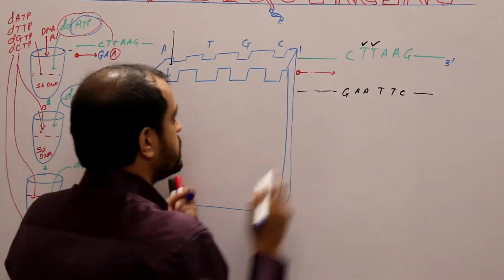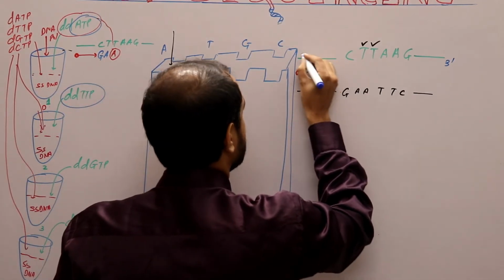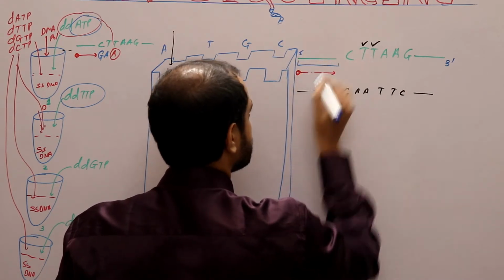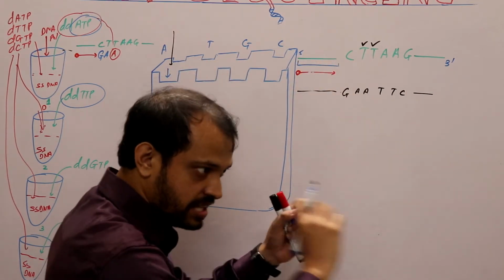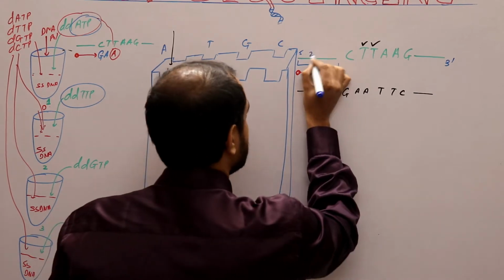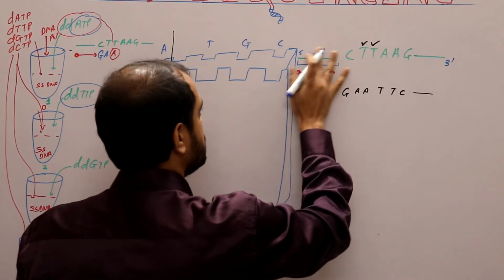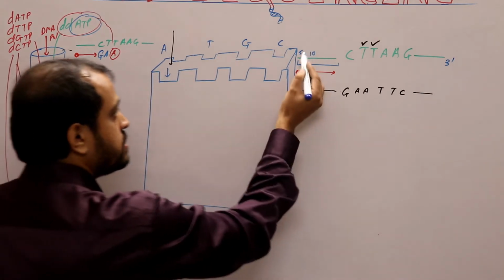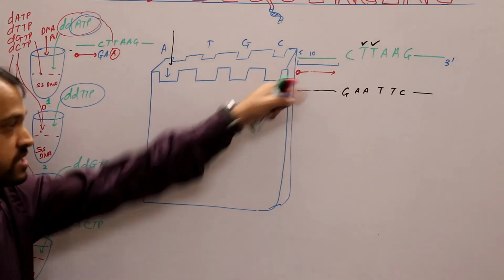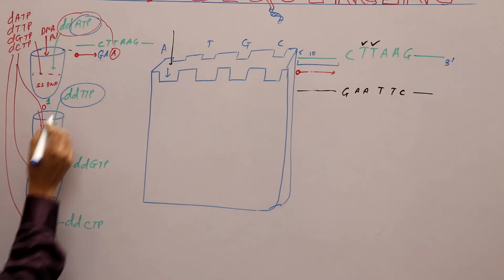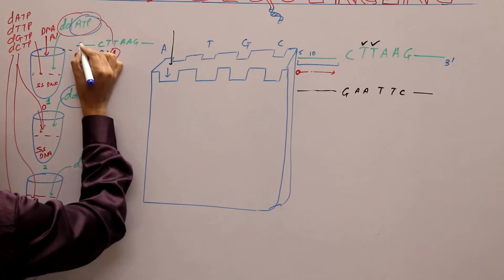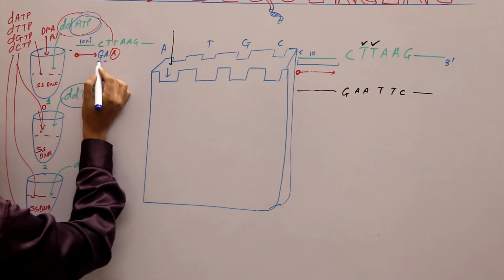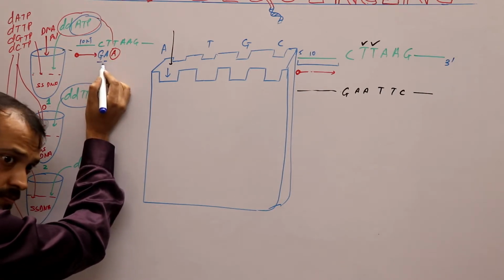Suppose the length of this piece of DNA is, suppose, 20. Okay, let's make it 10. Don't worry, this is a regular practice. Suppose this is 10. Now listen. After 10 nucleotides, only 2 nucleotides are incorporated now.